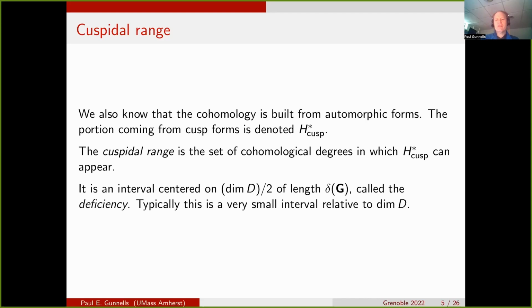I don't think I want to say more than that. I mean, I'm not an expert on representation theory of real groups, so I don't really want to say something silly. But it's true for SL2 over R, but not true for SL3 over R.